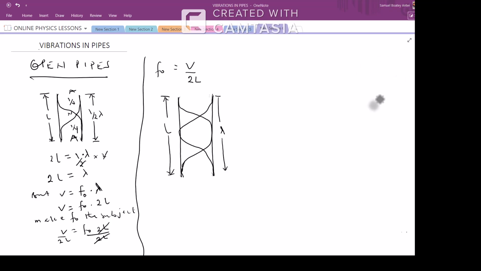So for our first overtone in open pipe, we know this side is 1 over 4, this side is 1 over 2, this side is 1 over 4. So putting all together will give us 1. So our theory now is the length of the pipe is equal to lambda, right? So we go again with this equation.